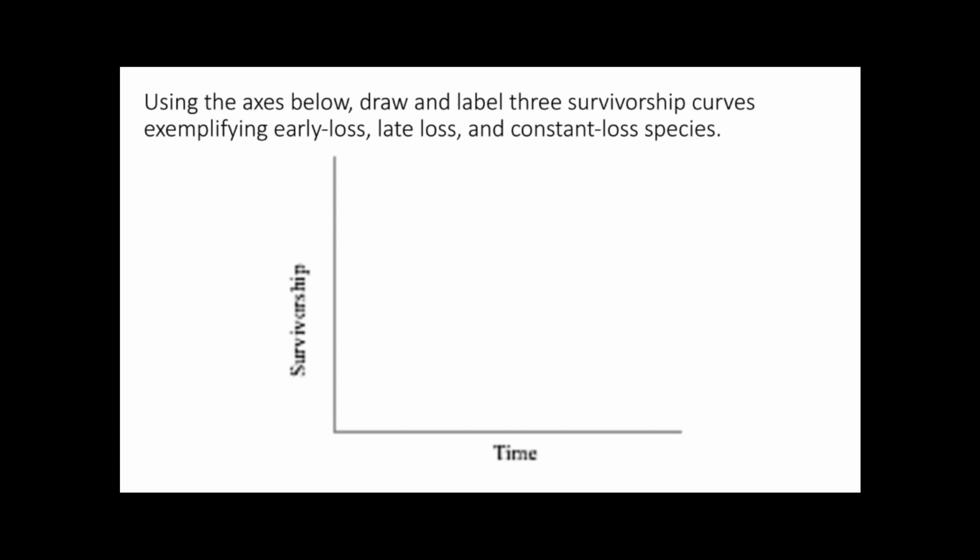Okay, so now onward. Now we're going to talk about survivorship curves. So we're going to talk about early loss populations, late loss, and constant loss. So in early loss populations, they're going to have lots of babies, but they're going to die really quickly.